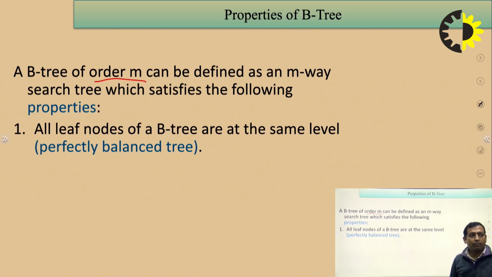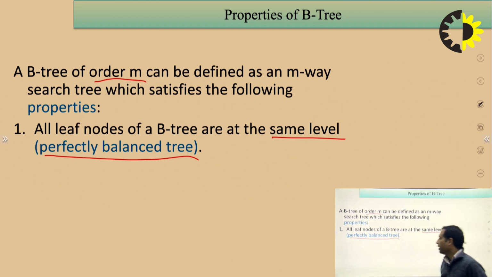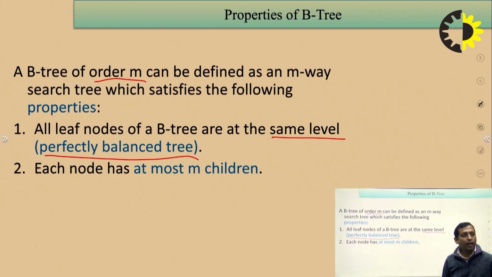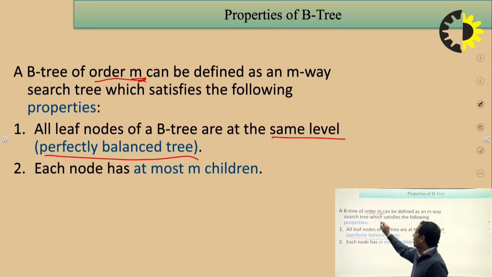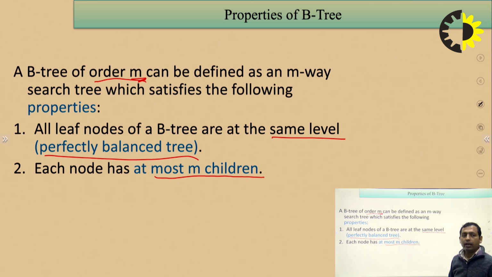All leaf nodes of the B tree are at the same level, meaning it is a perfectly balanced tree: left and right subtrees are at the same level. Each node has at most m children. The order m indicates the maximum number of children a node can have, that is m.